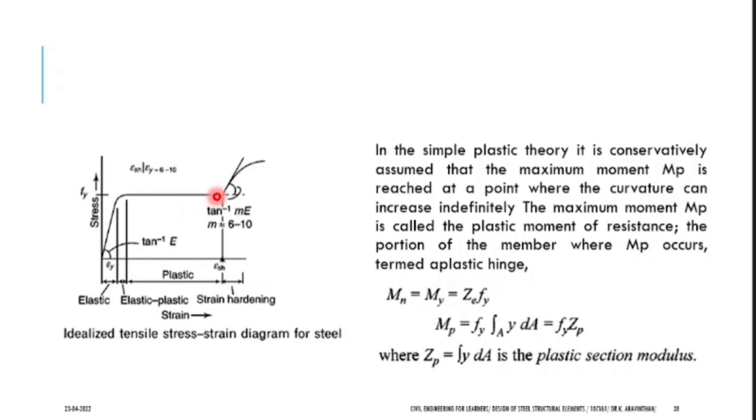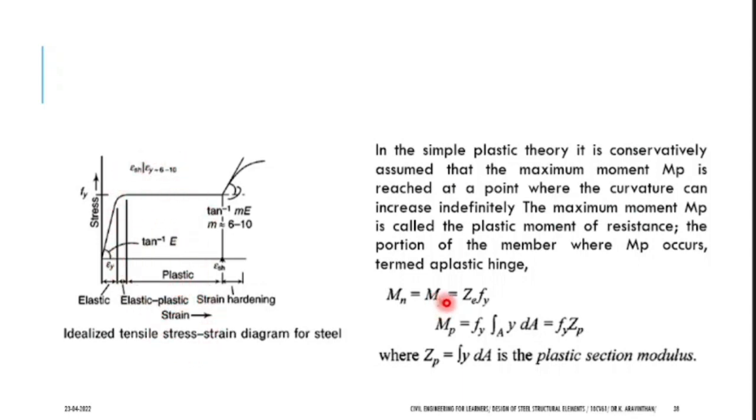So strain hardening is the last point, and after that you will be having the breaking point. So this is the level. This is the elastoplastic stage where you have the change of elastic and plastic stage. So this area is called the elastoplastic area. When it crosses that, this stage is called purely plastic stage.